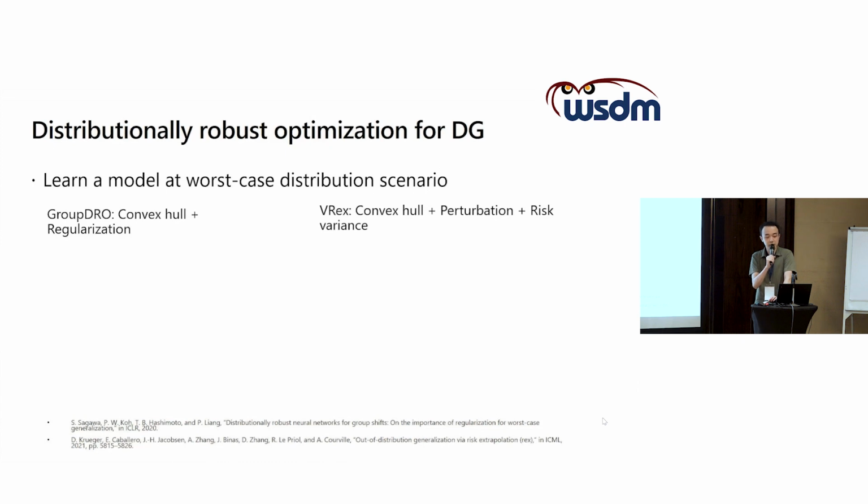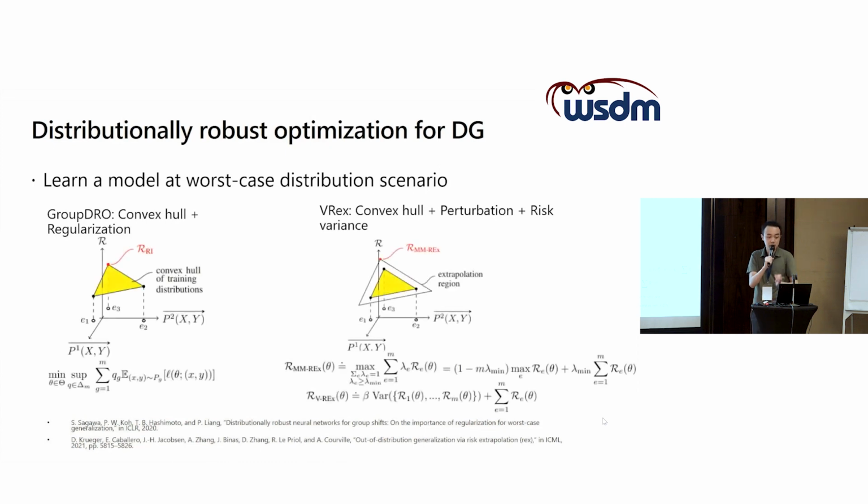This kind of method is also similar to adversarial augmentation, so we want to apply this adversarially augmented data for our problem. So here, for distributionally robust optimization for domain generalization, we want to learn a model for a worst-case distribution scenario.